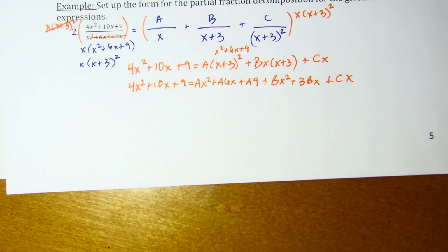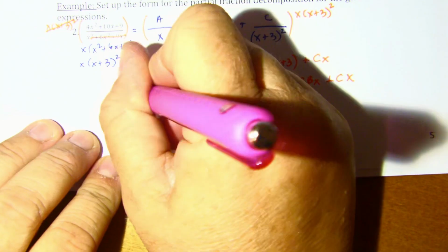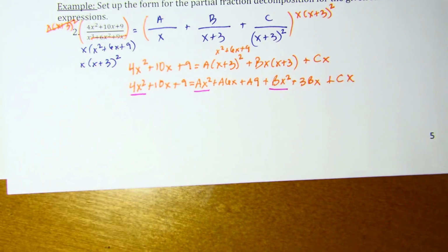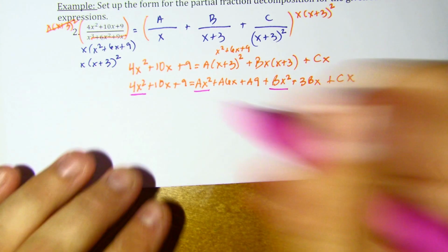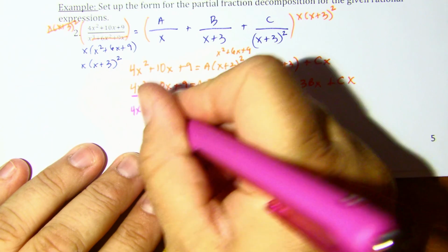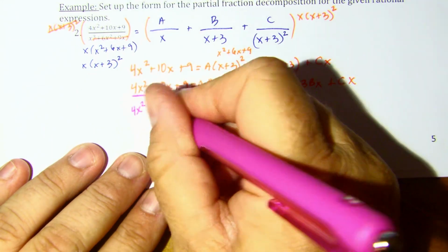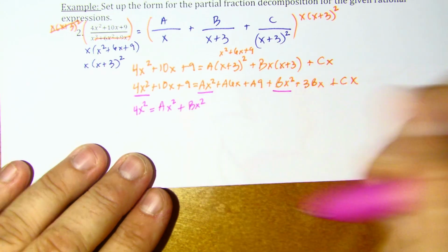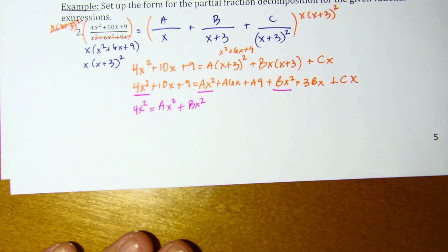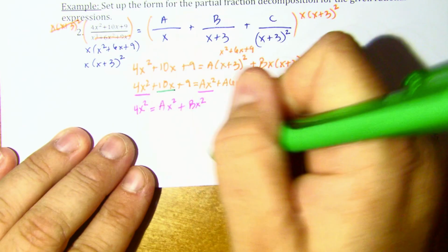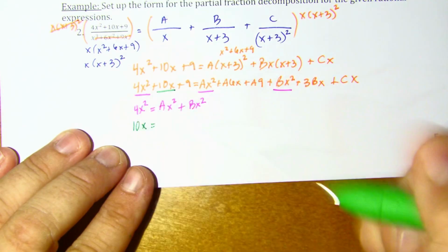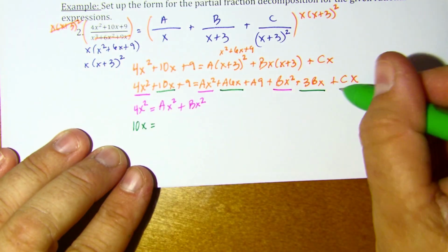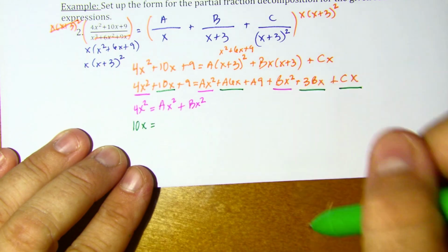We have the x squared term. So I have x squared, and x squared. And so that'll be 4x squared equals ax squared plus bx squared. And then I have the x terms, so 10x is equal to a6x plus 3bx plus cx, all of the terms with just an x.